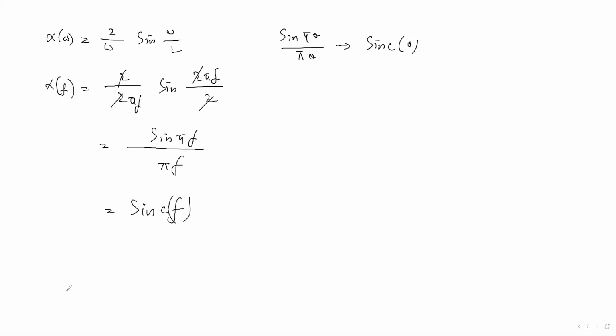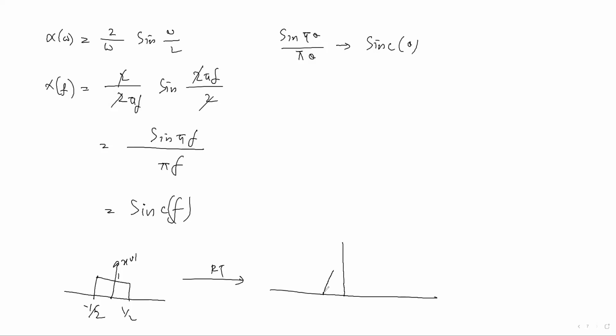So what will be the diagram then? You should know the diagram also. I have said that x of t is 1 from minus half to half. Our Fourier transform representation will be a sinc function. How does it look? This is the waveform for the sinc function. It proceeds to infinity. This is f, this is X of f.